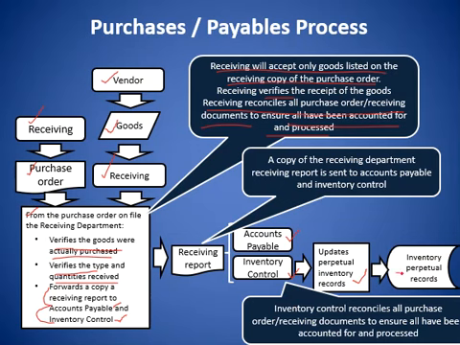Also, because the receiving reports are pre-numbered controlled documents, inventory control reconciles all purchase order receiving documents to ensure all have been accounted for and have been processed. Now we're going to see what happens with that receiving report as it goes on to accounts payable.